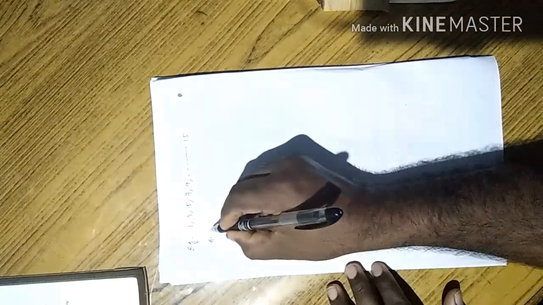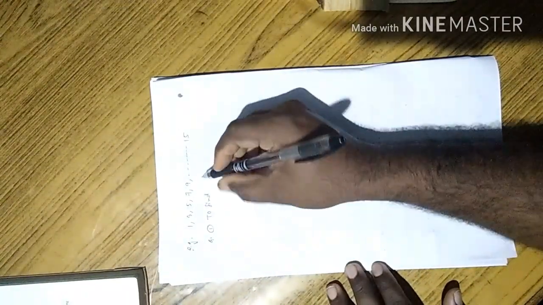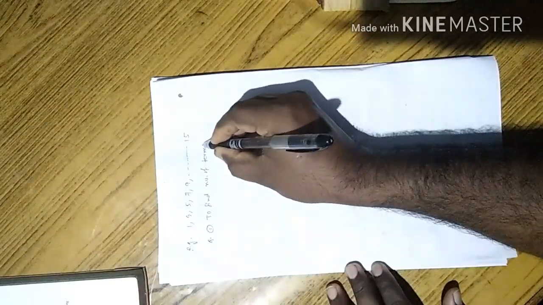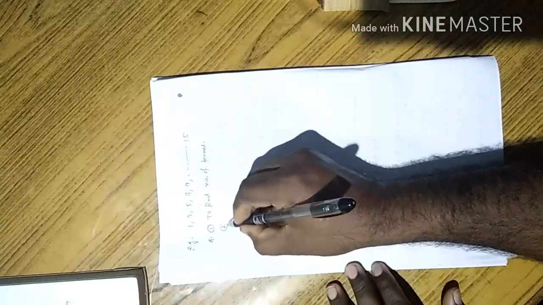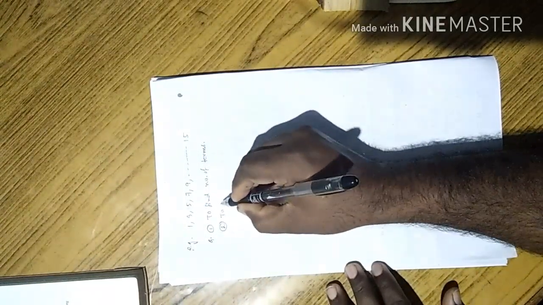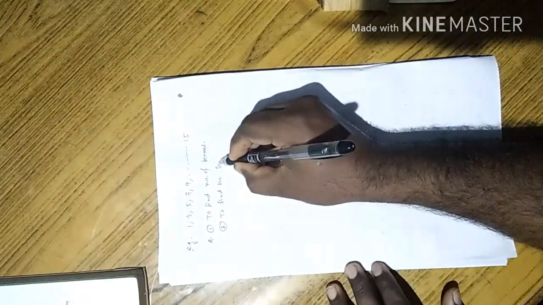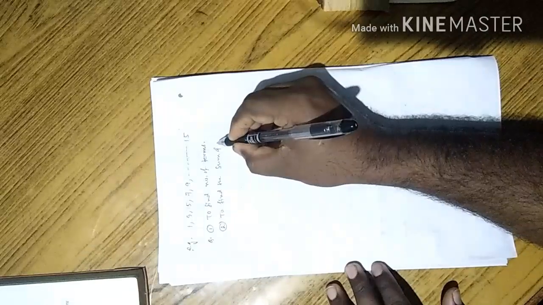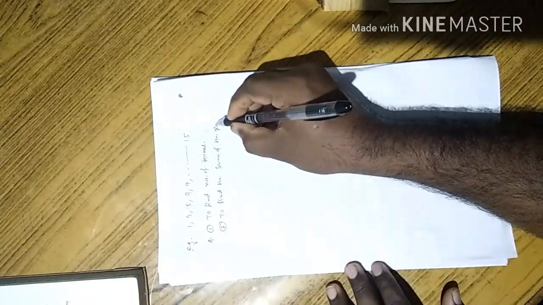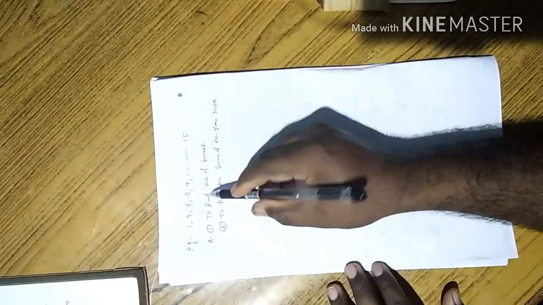The questions are these: first, to find the number of terms, and second question, to find the sum of the given series.